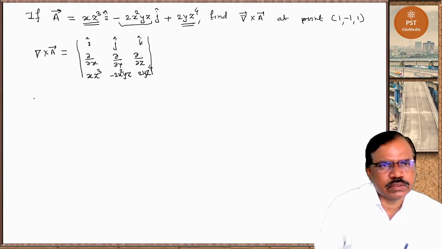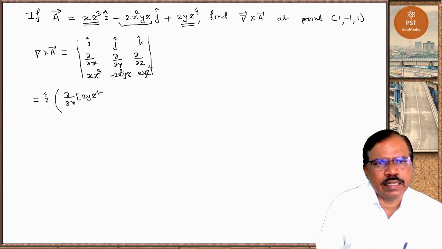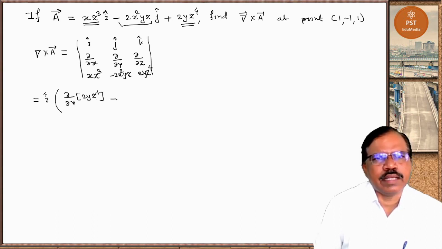So i times the bracket del by del y of 2 y z raised to 4 minus del by del z of minus 2 x square y z.